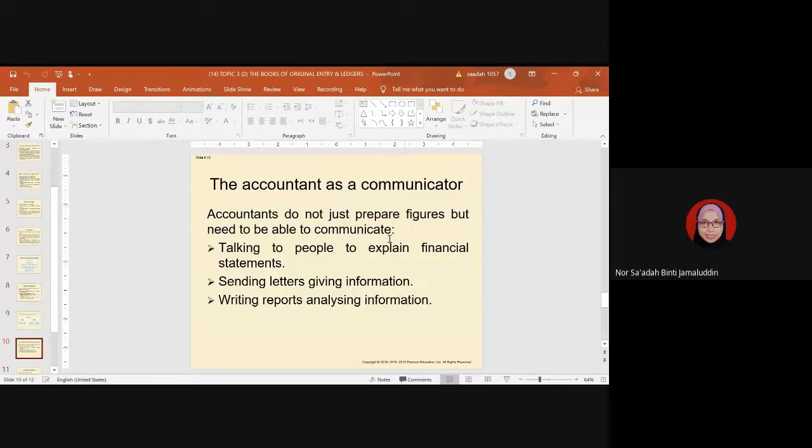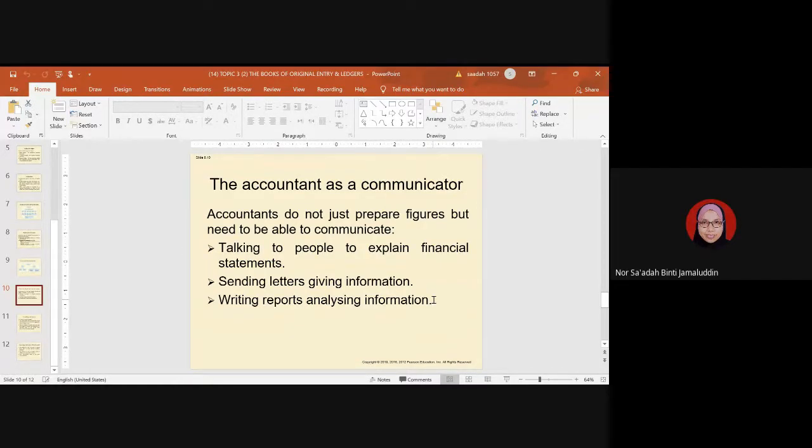The accountant is a communicator in the organization. In order to record our transactions in a journal or in a ledger, it is a task of the accountant.